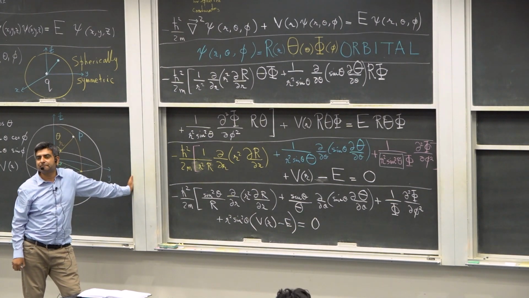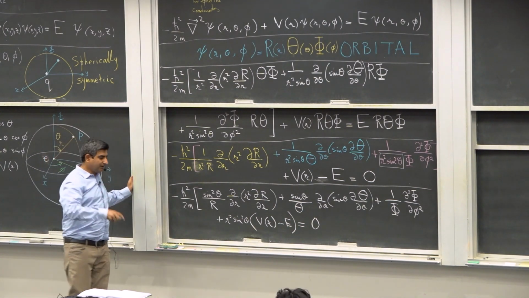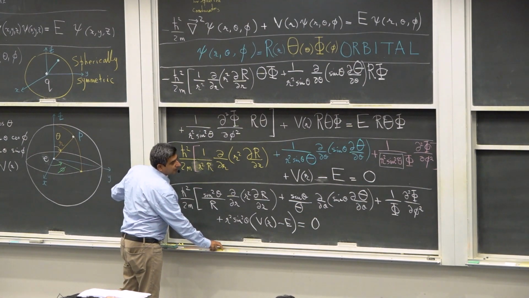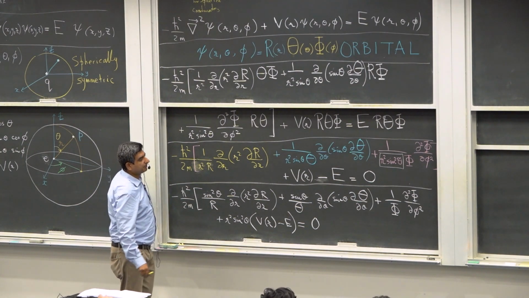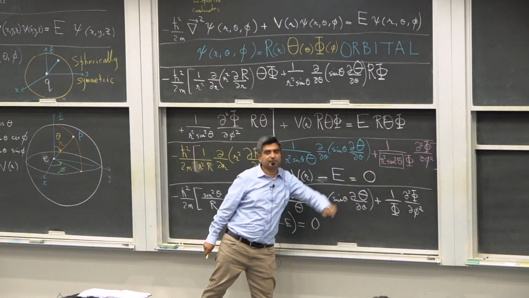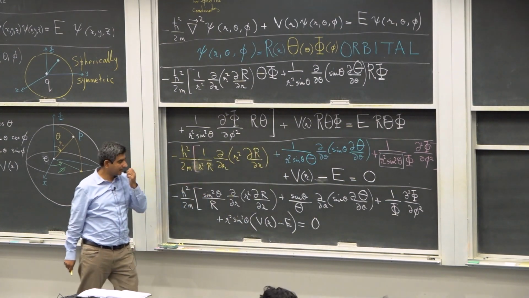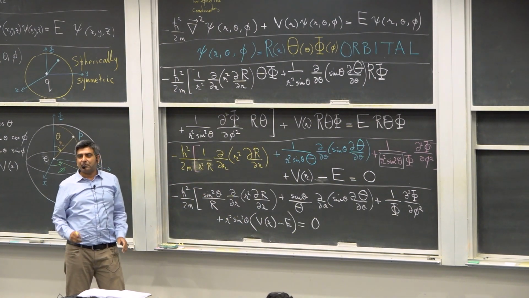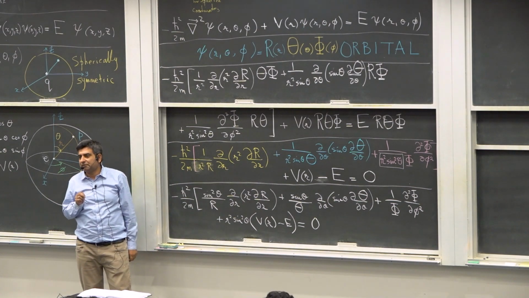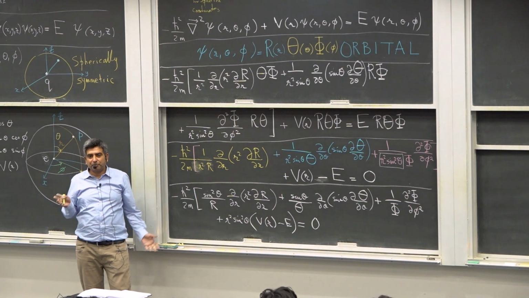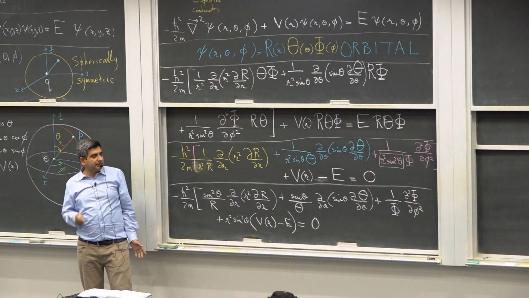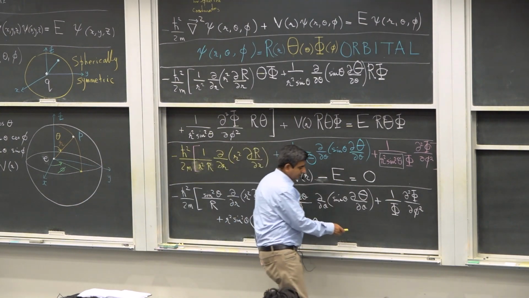Got it? Now why have I multiplied by r square sin square theta? Got it? Now why have I done this? You don't know? Just look at this term over here.